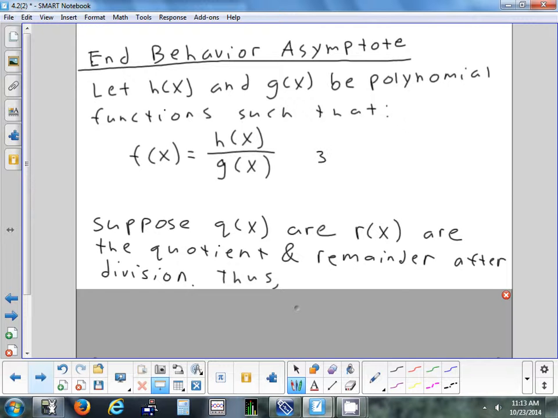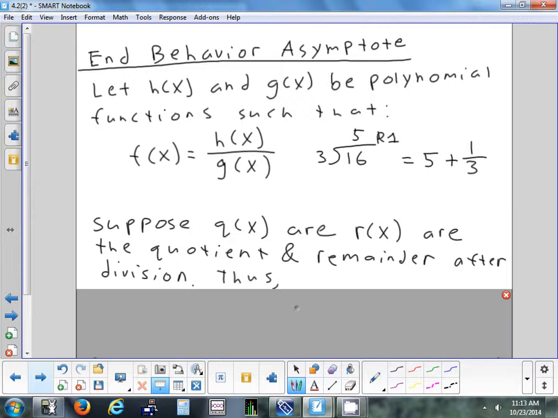So if you take 3 and divide it into 16, 3 goes into 16 5 times, and you can write remainder 1. Or, if you want to write out the answer like this, it's the same as 5 plus your remainder over 3, over your denominator.